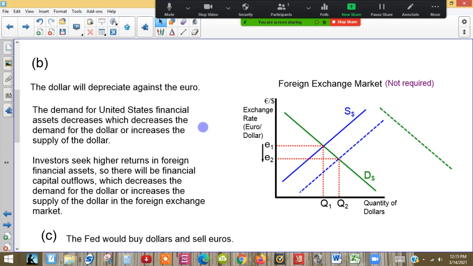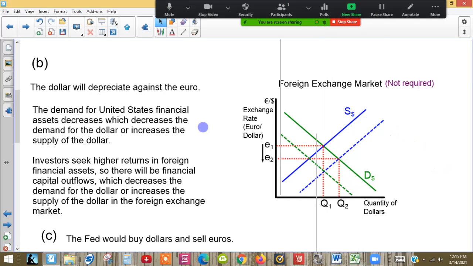So that's going to mean that the supply of dollars in the foreign exchange market is going to increase because investors are going, say, to the eurozone and buying euros with dollars so they can invest in the eurozone. And you could also say that the demand for dollars in the foreign exchange market is going to decrease. You could get this shift right here.